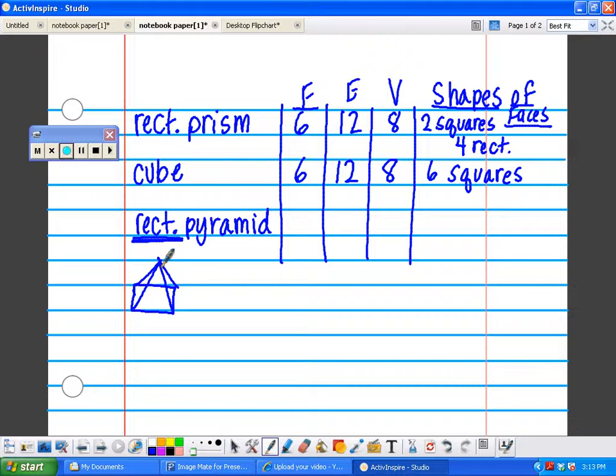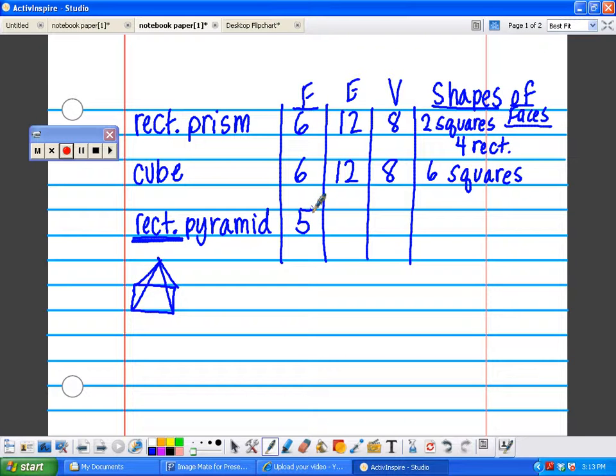Okay? Now, rectangular pyramid. Let's try its faces. You ready? Faces are the what? Flat sides. You ready? 1, 2, 3, 4, 5. Okay, 5 faces. Pyramids are different, aren't they? Edges. Look at the bottom. What's the bottom? A rectangle. How many edges are in just a rectangle? 4.